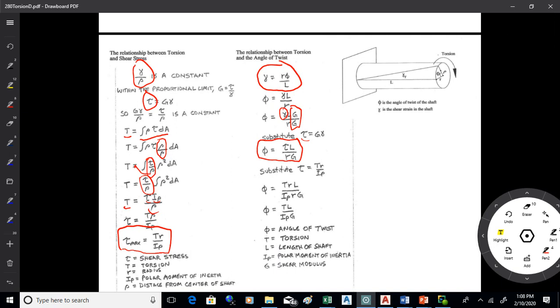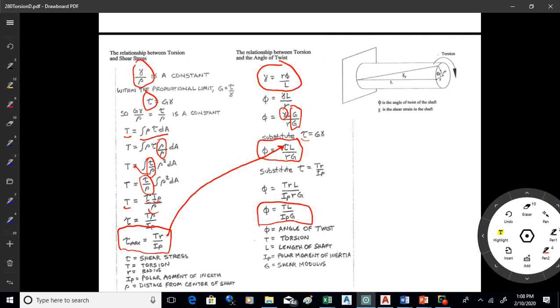We can then substitute this expression in for tau, and what we end up with is a relationship between the twist angle, phi, and these other factors that go into a shaft: the torsion, the length, the moment of inertia, and G. So phi is equal to TL over IG.